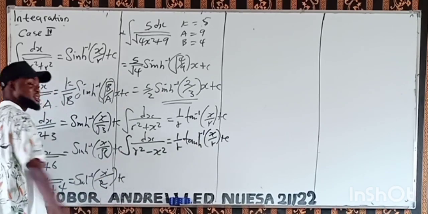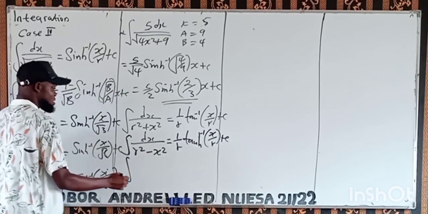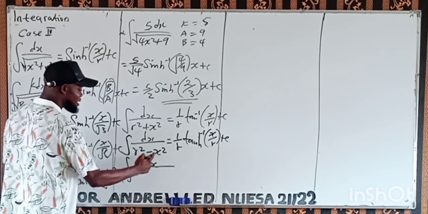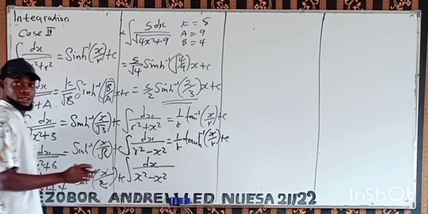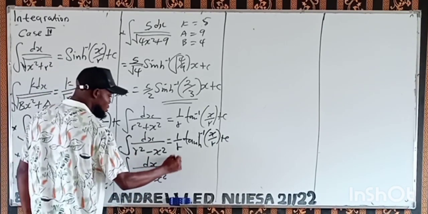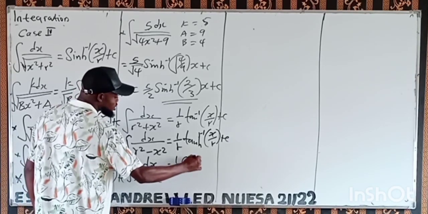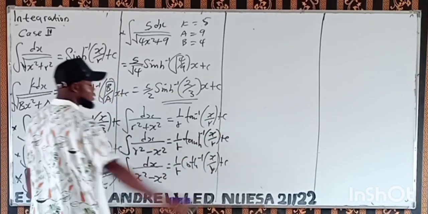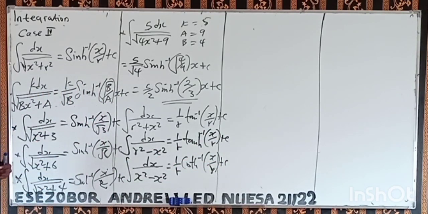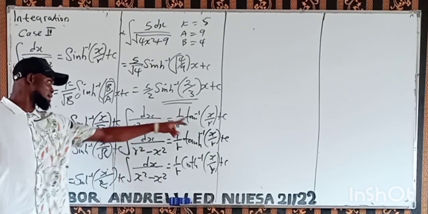If it's like this, dx over s squared minus r squared, there's no square root as well. This one becomes 1 over r cot inverse of s over r plus c. So please take note of all these little things. If it's plus, it's tan inverse.